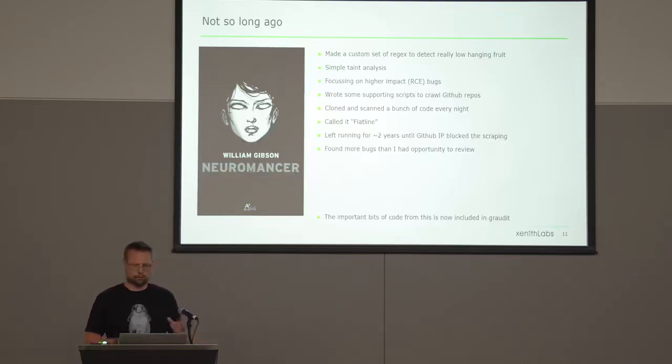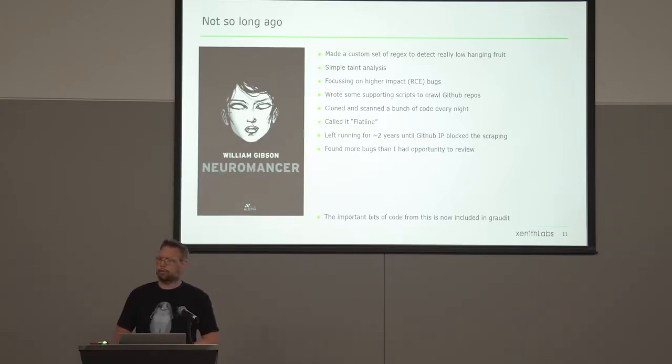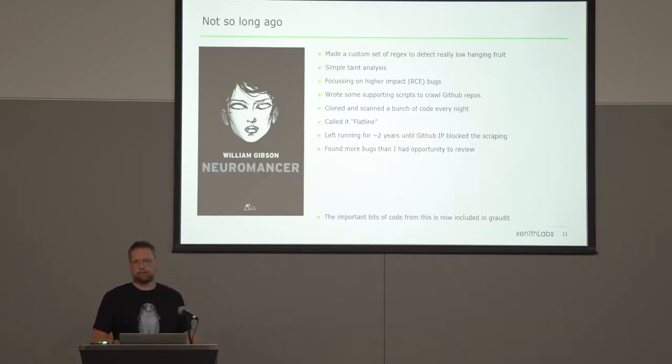It was just high value bugs. And then I wrote another script that would crawl GitHub and find the most recently updated repos, the most popular repos. And then overnight it would clone and scan that code, generate a report, and then depending on how busy I was, I'd review it at some stage during the week.